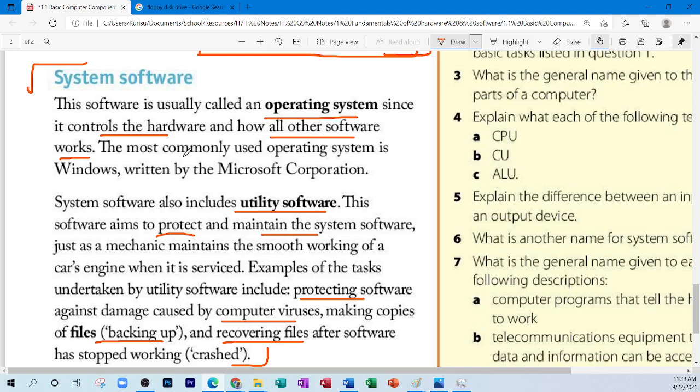Very good. So we have system software, our first type of software. System software has two categories also. It has the operating system and it has the utility software.